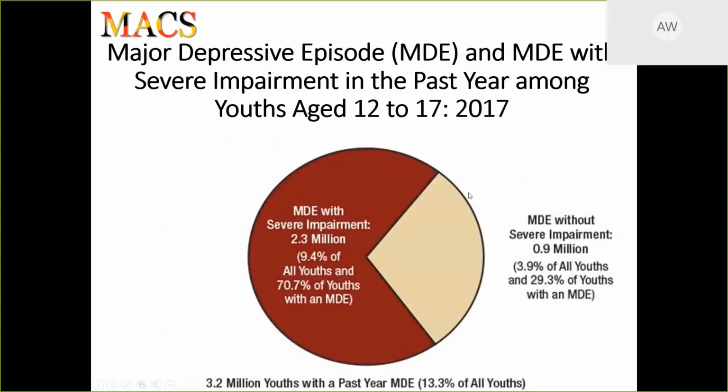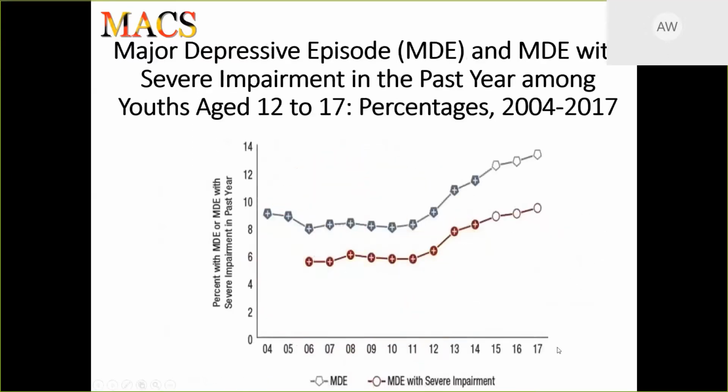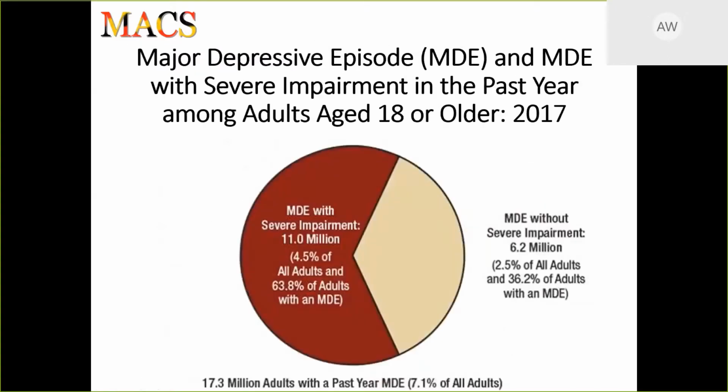The survey covers 12 to 17-year-olds. 3.2 million youth reported having a major depressive episode in 2017, and again, those numbers are going up with teens as well. This is looking at adults' major depressive episodes, 17 million.